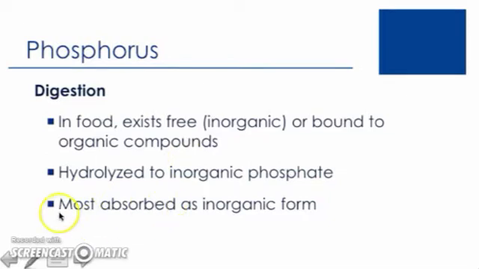Most of phosphorus is going to be absorbed as the inorganic form. So that's going to be the goal of digestion, is to hydrolyze any phosphorus that is bound to organic compounds to allow it to be in the free inorganic form.